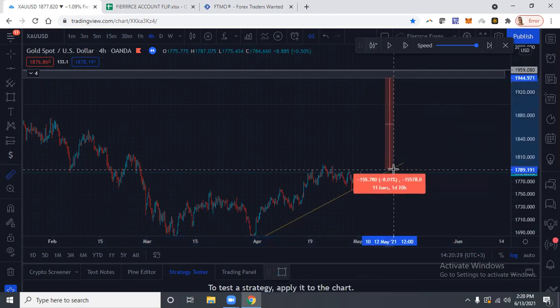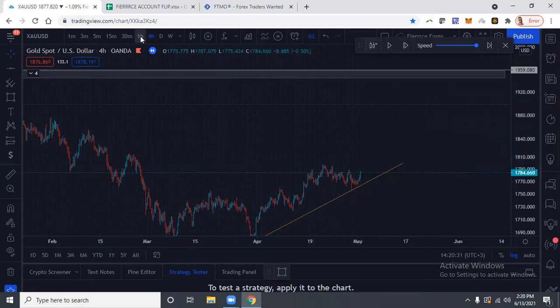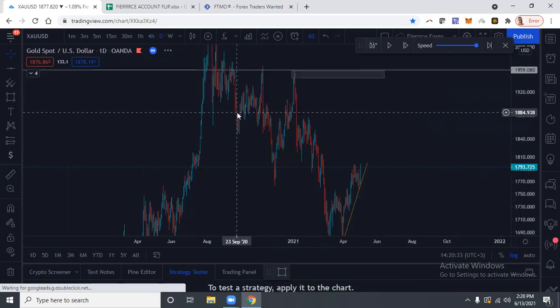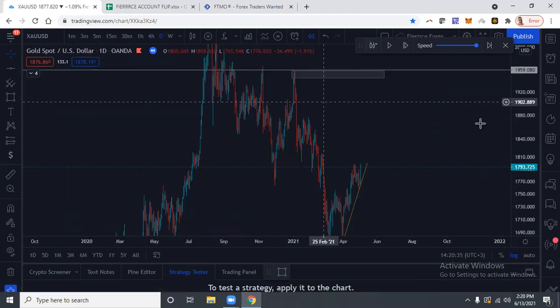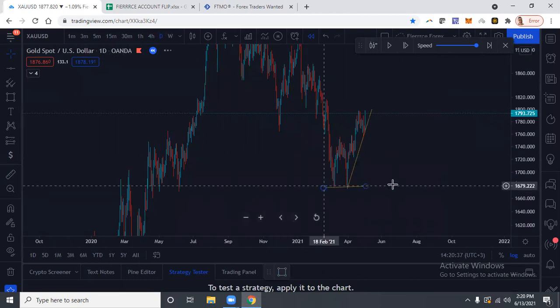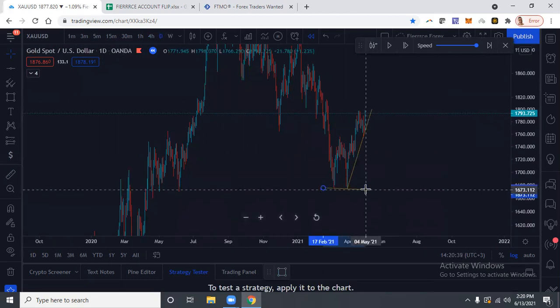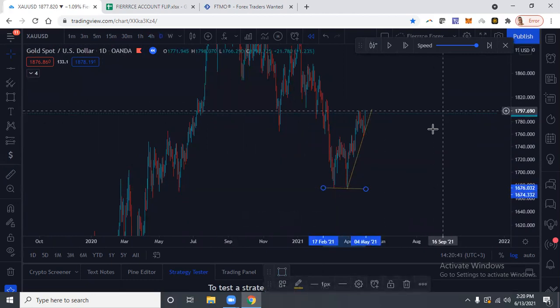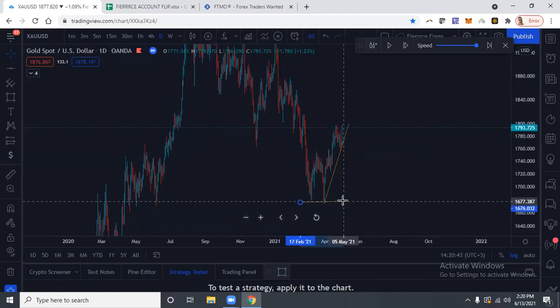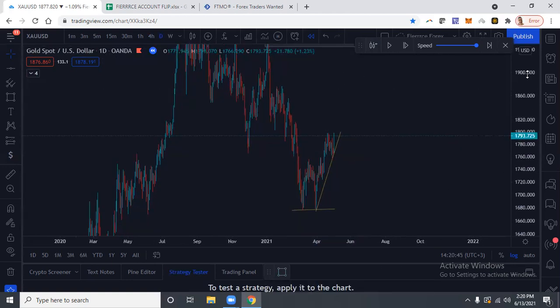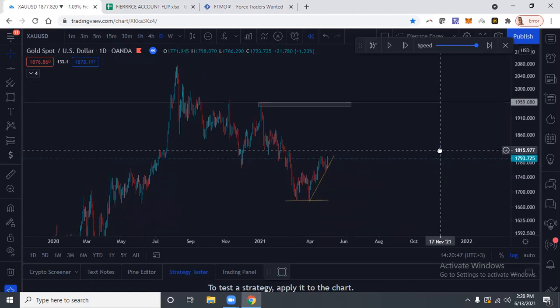I'm still bullish on gold, but obviously this is the 4-hour. Sorry, I was looking at the 4-hour, which is accurate, because on the daily it's telling me the same thing. So I feel like we are bullish on gold, even on the daily.